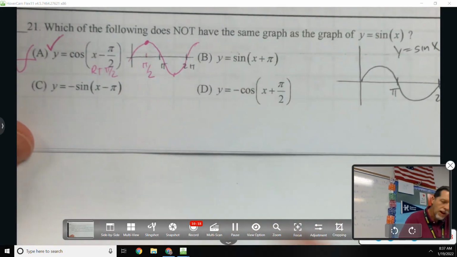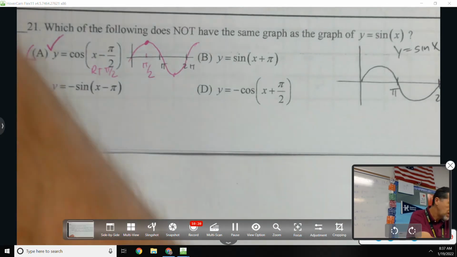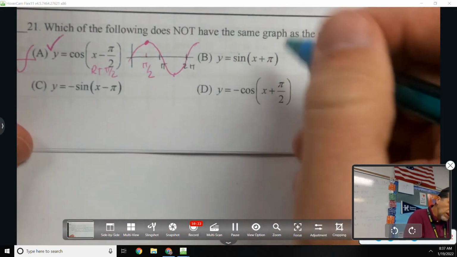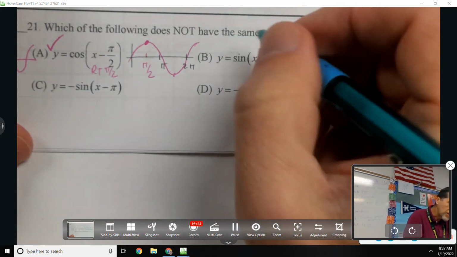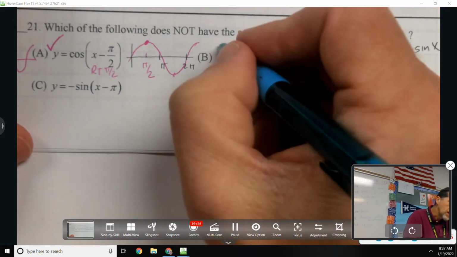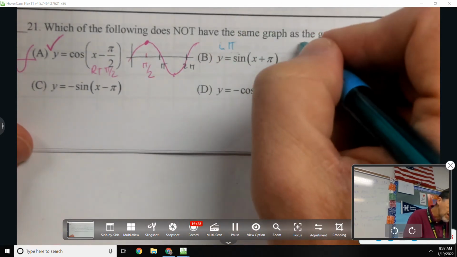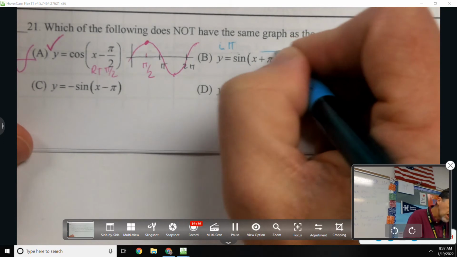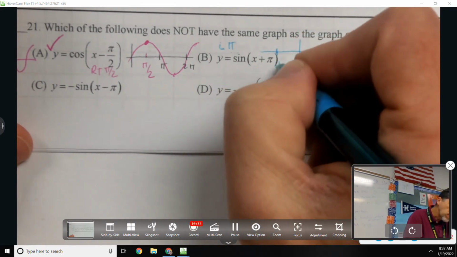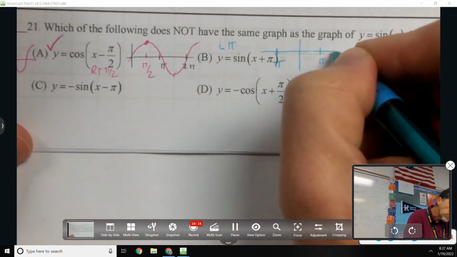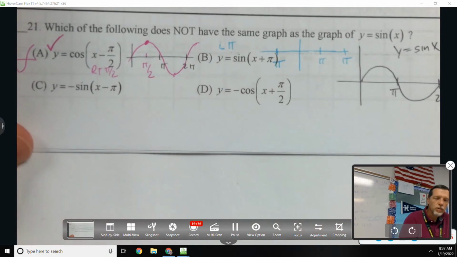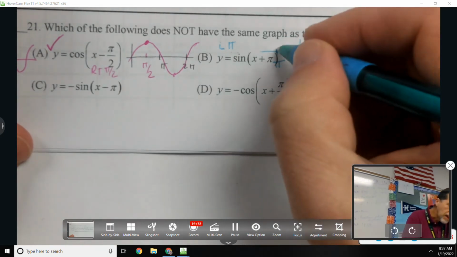All right, the graph of B: plus pi. So that means we're going to go left pi. So left pi, and start from there.